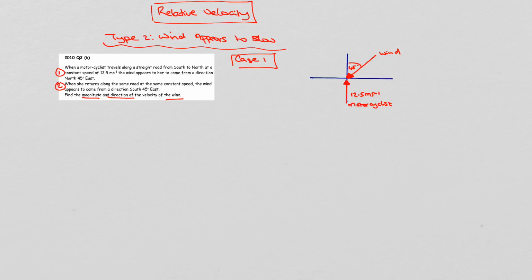Okay, so we're going to let the velocity of the wind equal xi plus yj, and we're basically going to be trying to find out what is the value of x and what is the value of y. So what do we know? Well, we know that the velocity of the motorcyclist is 12.5 in the j direction, in metres per second.